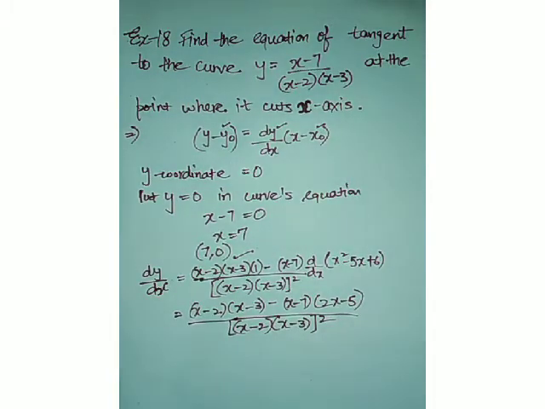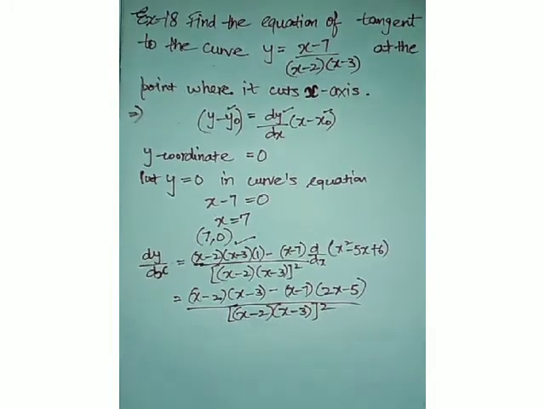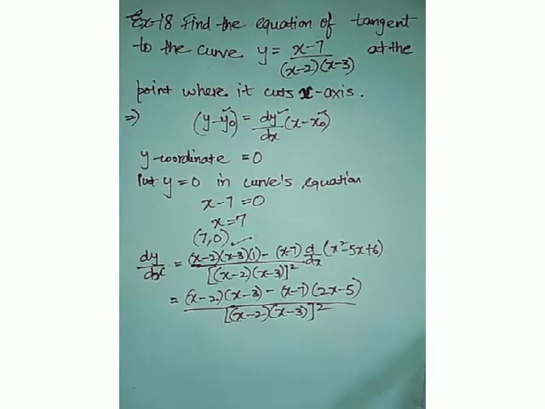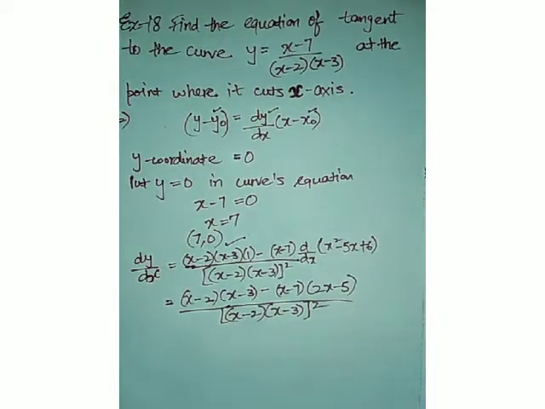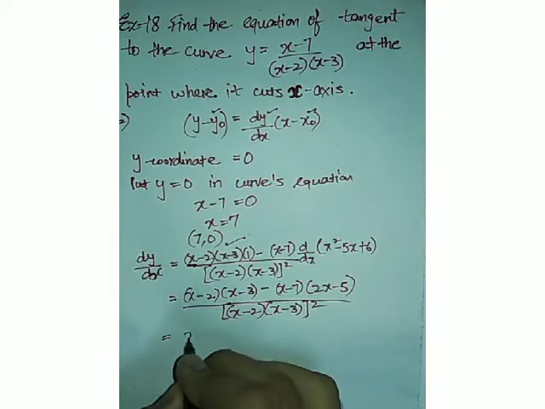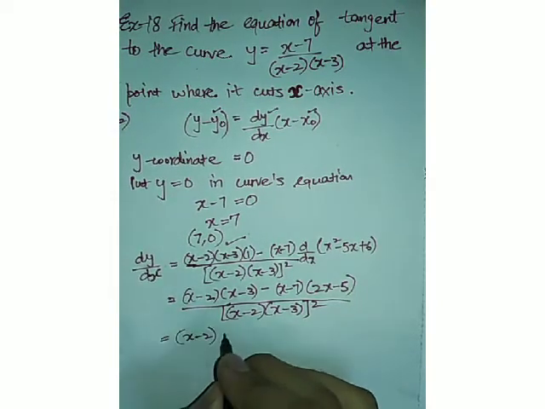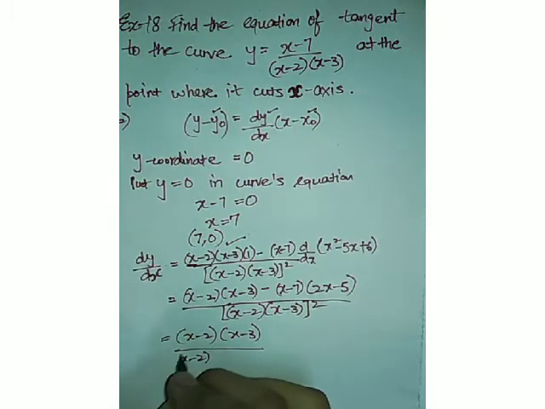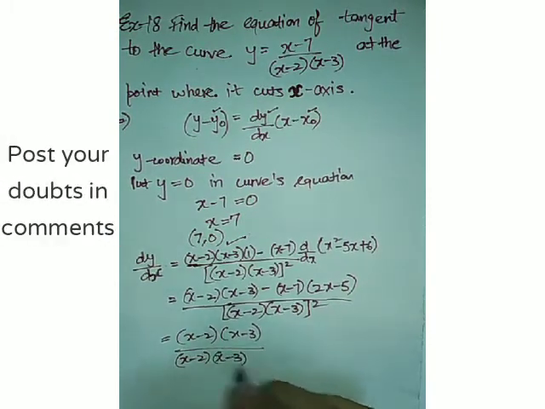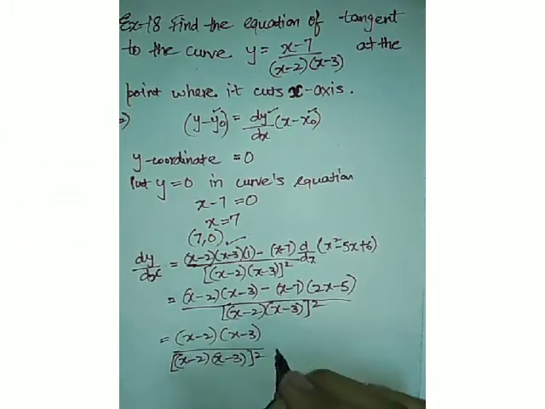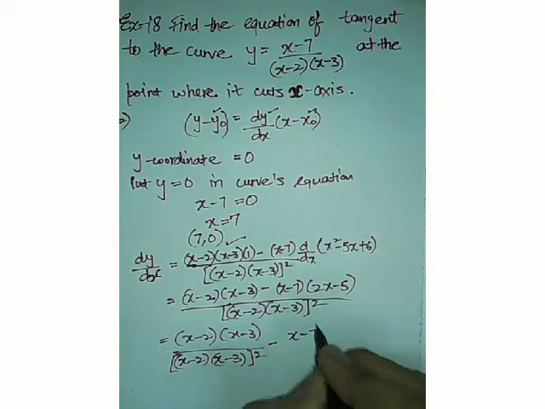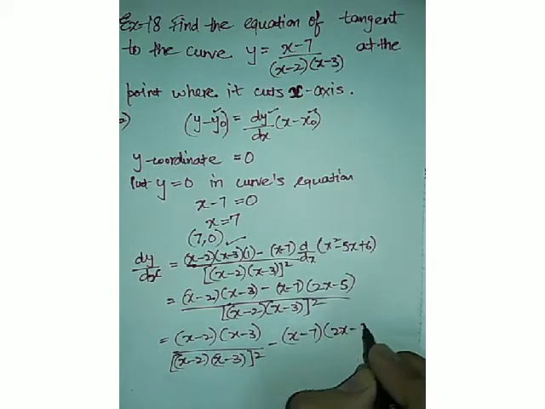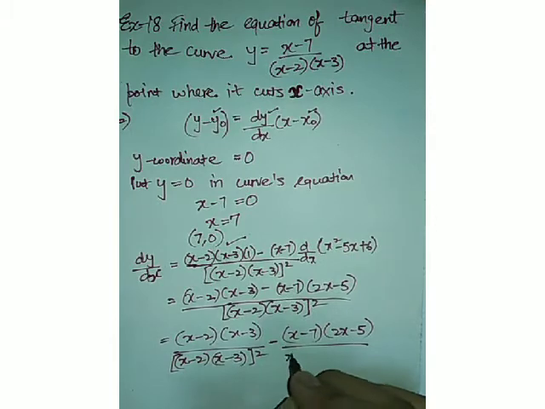Alright, now split the denominator. When you split the denominator, what will you get? x minus 2 x minus 3 upon x minus 2 x minus 3 whole square, minus of x minus 7 times 2x minus 5 upon x minus 2.